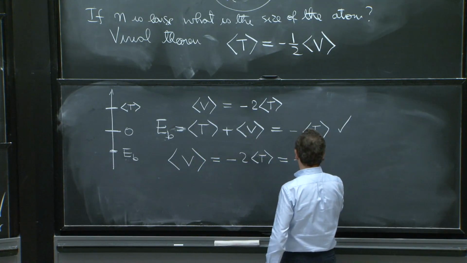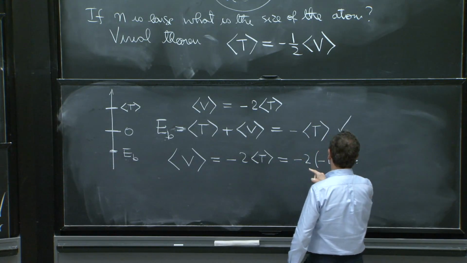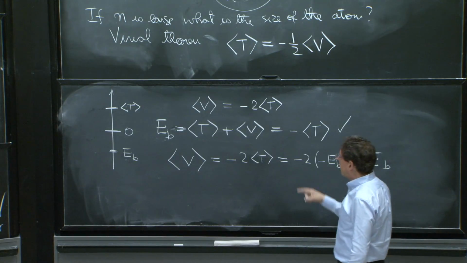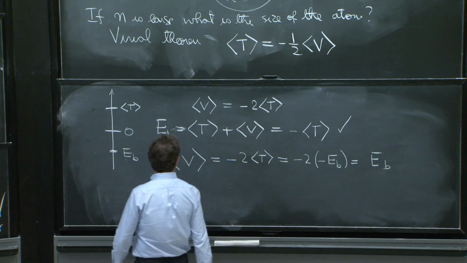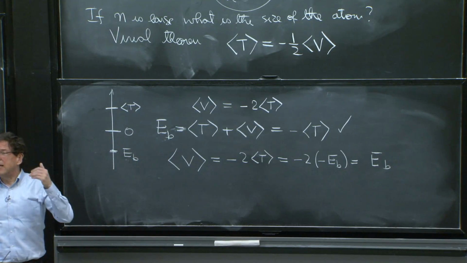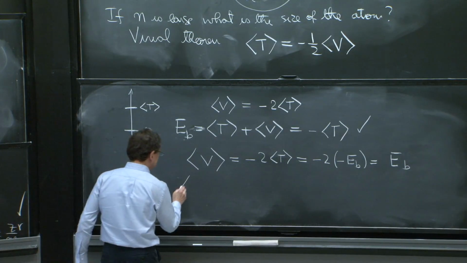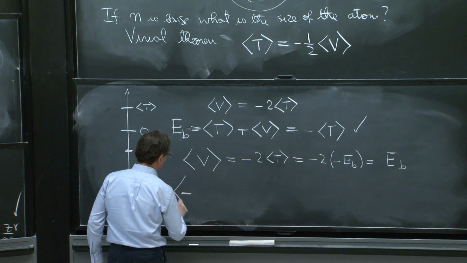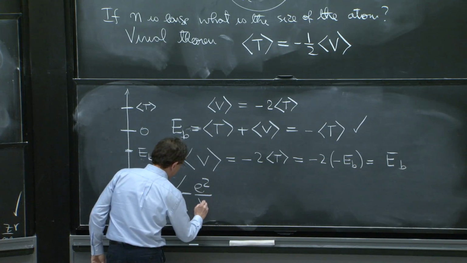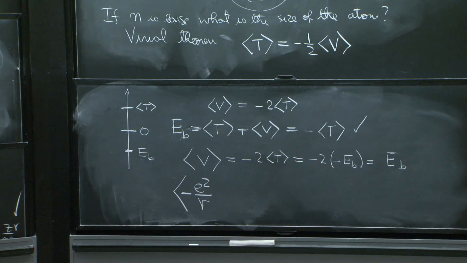So you have a minus 2 times minus the energy, and it's equal to the energy. And this is correct. The expectation value of V is the energy, and the expectation value of V is negative, and the energy is negative. So what is this? This is the expectation value of minus e squared over r.